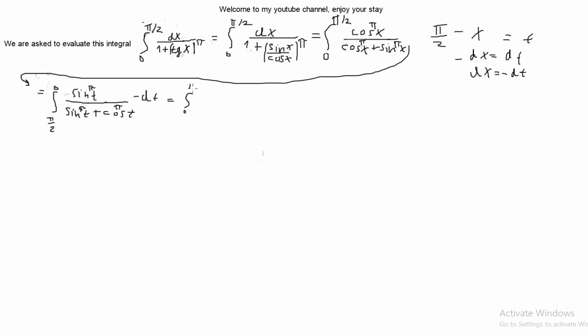so we get an integral from 0 to pi over 2 of sine of t to the power of pi over sine of t to the power of pi plus cosine of t to the power of pi.